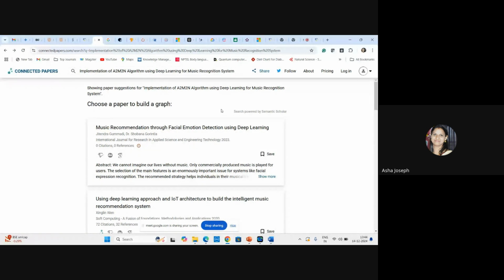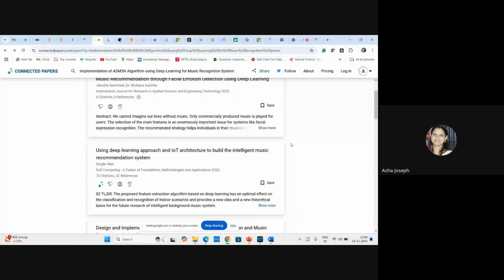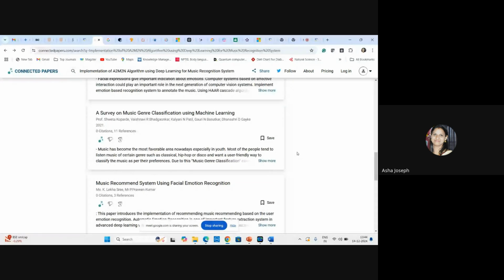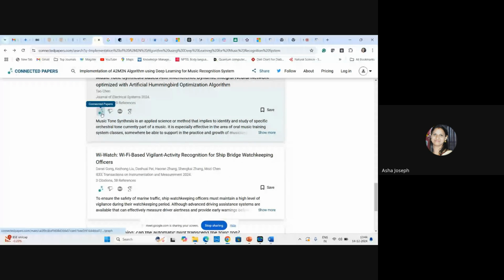When I give this particular name in the search criteria, it gives me a lot of related papers, the linked papers, or maybe the papers which I have taken as references. You can see it in the form of a graph, connected from each and every paper. Again, you can check for the connected papers.